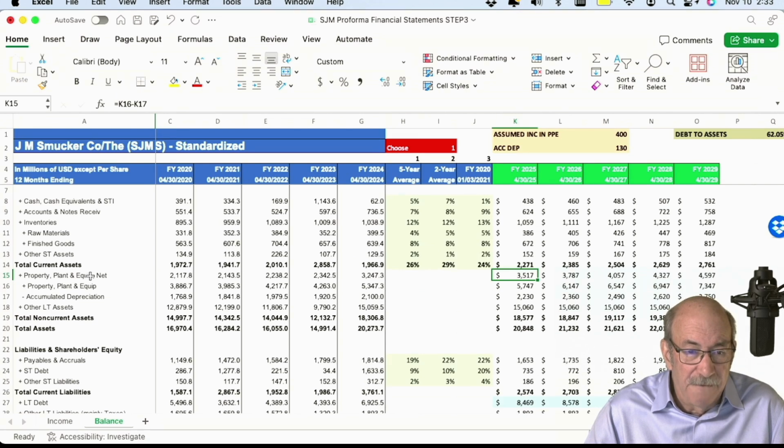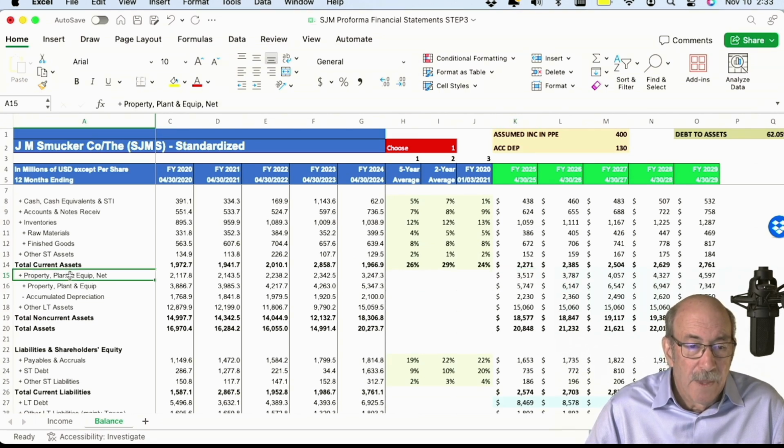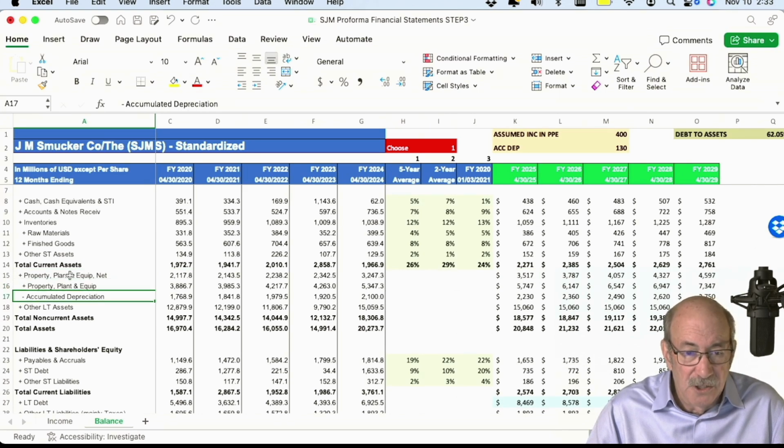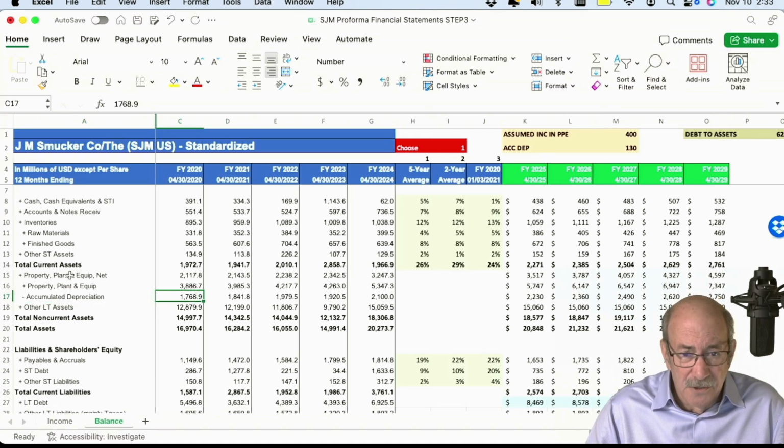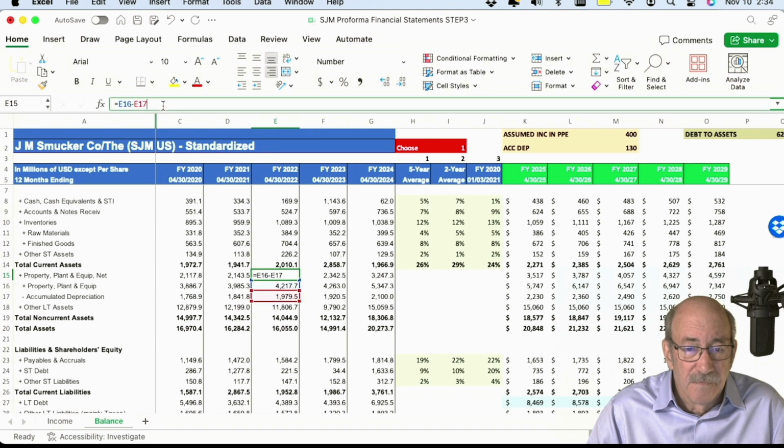I've still left the net account and then the 2 sub-accounts, which is PPE gross and accumulated depreciation. And so all of those are there. But notice that this account is actually the sum. Well, actually, it's PPE gross minus accumulated depreciation right there.